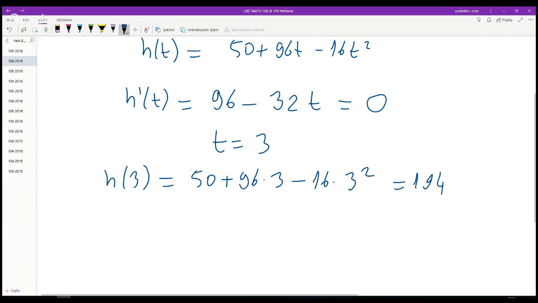So this is the value where the derivative equals to 0. But how am I going to be sure that this is the maximum value? This is the value that gives me the maximum height. Could you please write me?